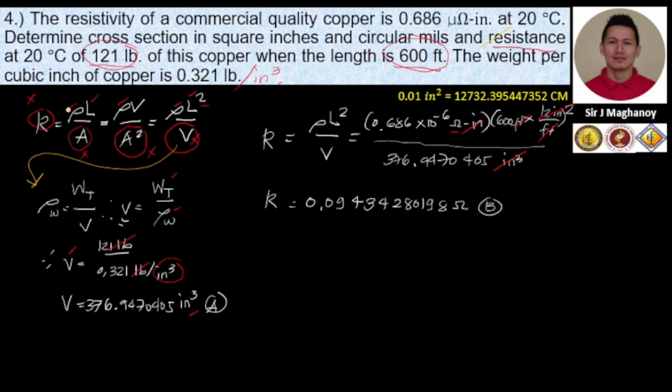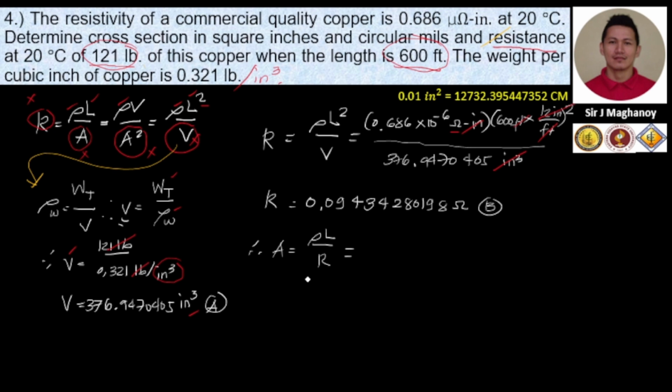It would be easier to use this one. I'd rather use the first formula. Therefore, based on our first formula, the cross-sectional area is equal to the resistivity times length all over the resistance, which we already determined.